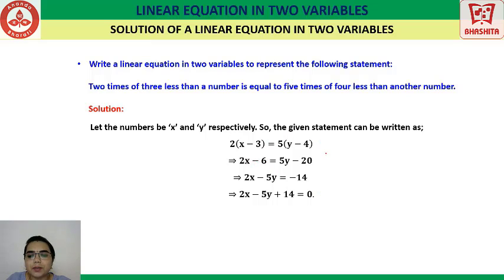Okay, you can either send the minus 6 onto the right hand side and write it as minus 14, or you can directly send all the terms onto the left hand side and write it in the form of the standard form. Okay, so 2x minus 5y plus 14 is equal to 0 is the linear equation in two variables which represents this particular statement.